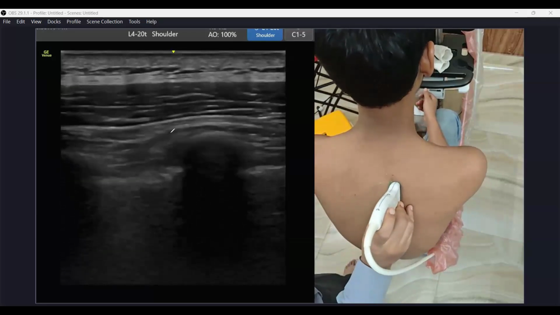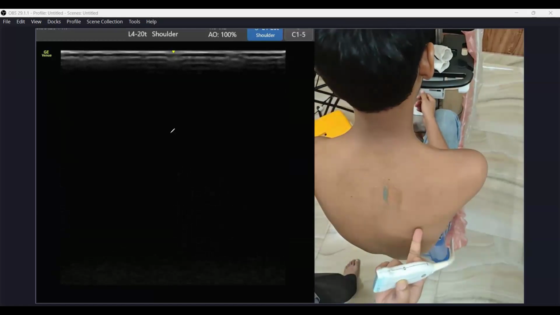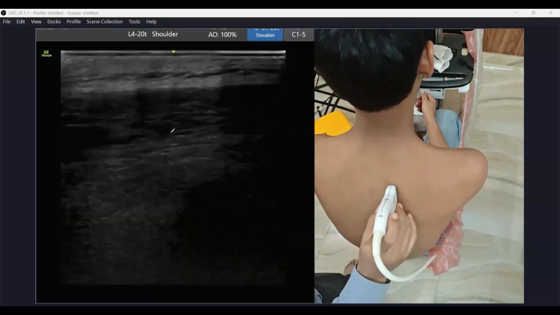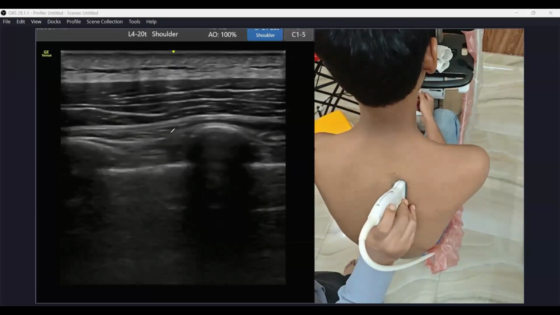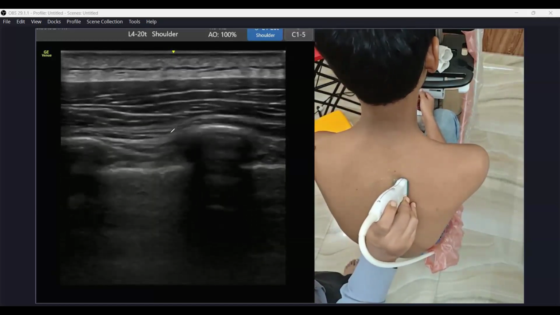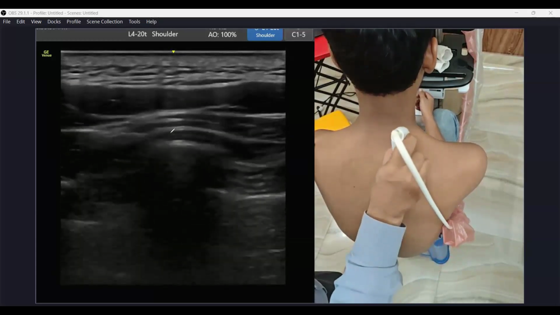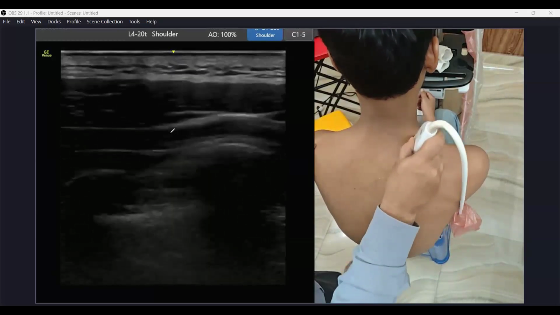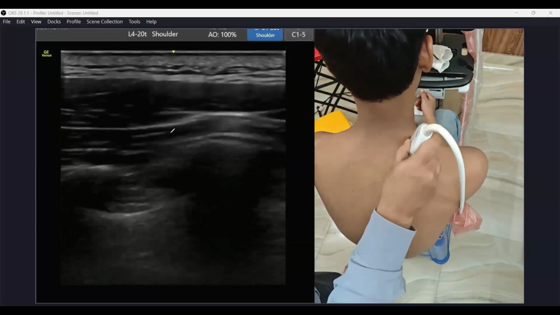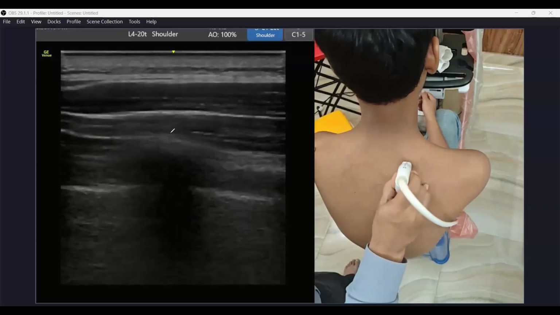As I told you, we can count this way also, T3 and T9, which gives us the idea about the leveling. Otherwise you can go up, and from here also you can know which one is what rib. So this is the T2 rib. After that you can go on counting and understand which one is what.